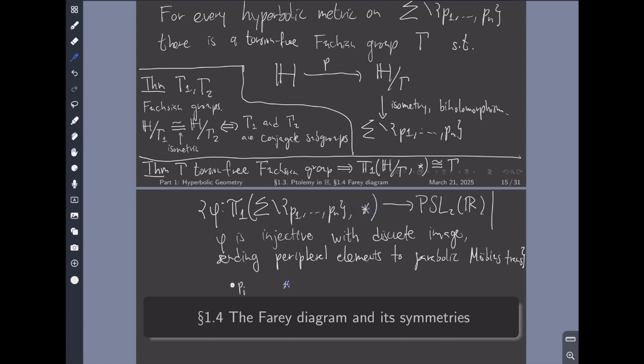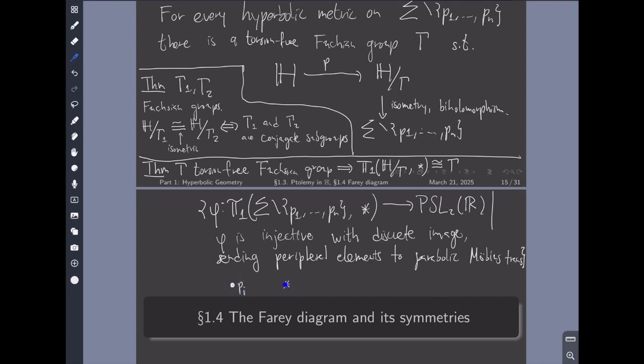From the base point you can go to pi in many ways, right? Take any such, and for that one, consider the following loop, the loop that surrounds it very closely. We call that a peripheral element.